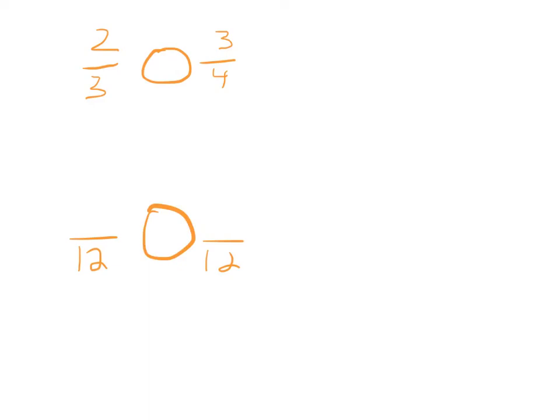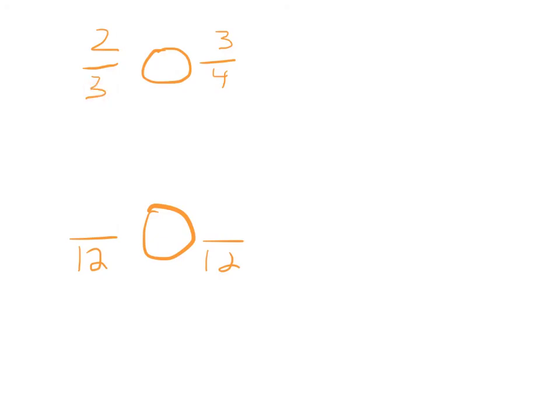Alright, example 4. Here we have one where we can't keep one of the denominators the same. I'm going to have to change both of them. Again, here 3 times 4 is 12, so I'm going to pick 12 as my new denominator. Now, 3 times 4 equals 12, and that number's not too big. But in the future, there may be some times where multiplying two numbers together might make a number really large, and we don't need to get that big, but that will be for the future.